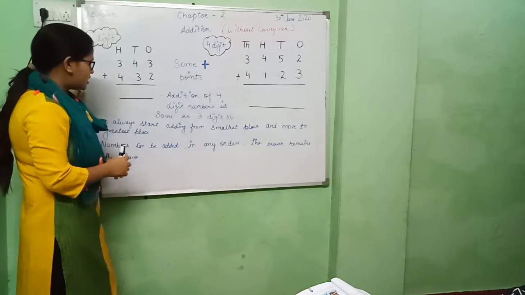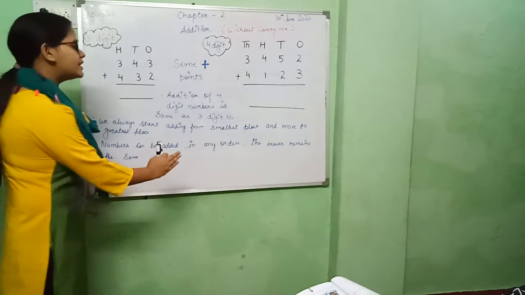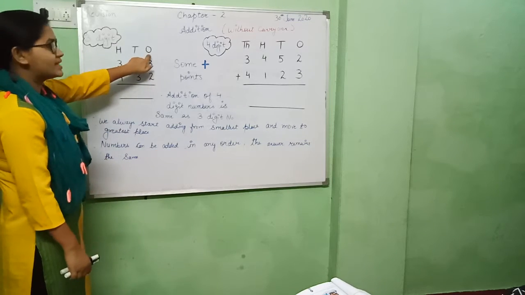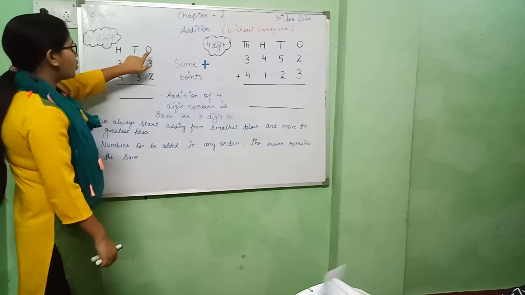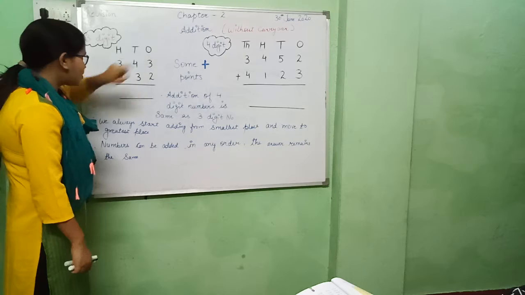Next, we always start adding from the smallest place, which means ones. Always remember, ones is the smallest place of any number.